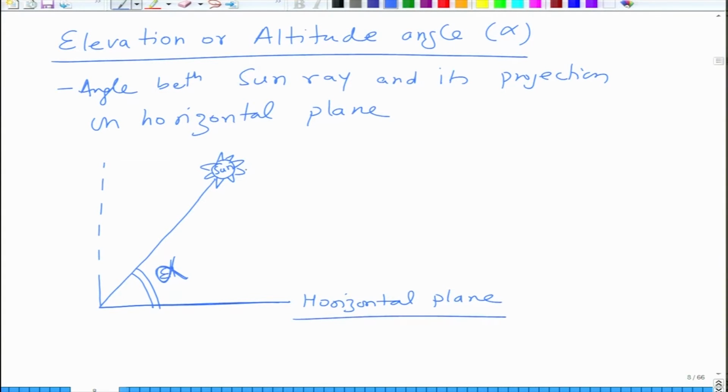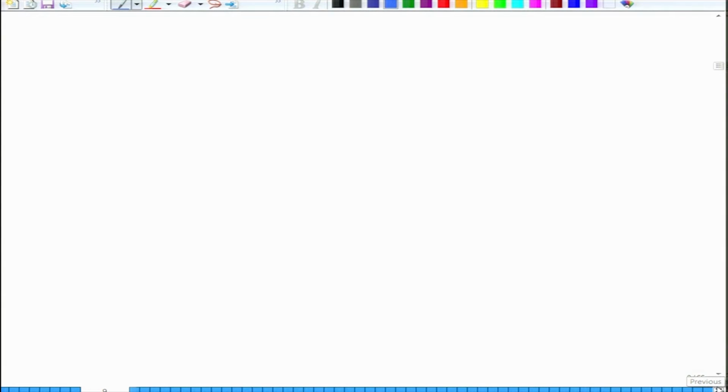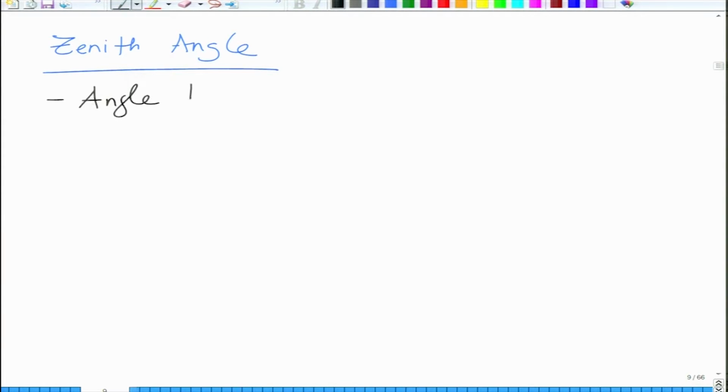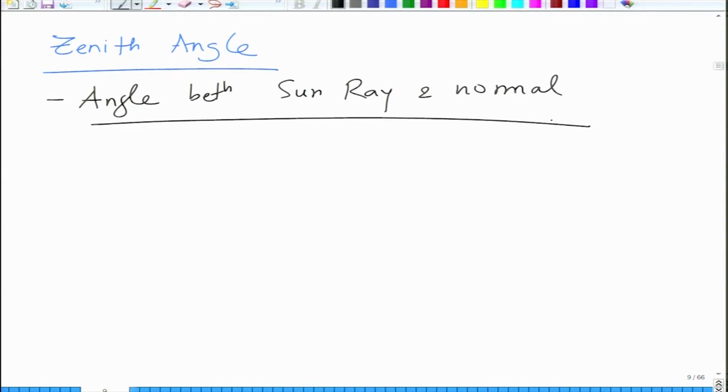Next angle that we determine is the zenith angle. The zenith angle is the angle between the sun ray and the normal. So essentially this is the normal, this is the horizontal, this is the sun, and this is the sunbeam.